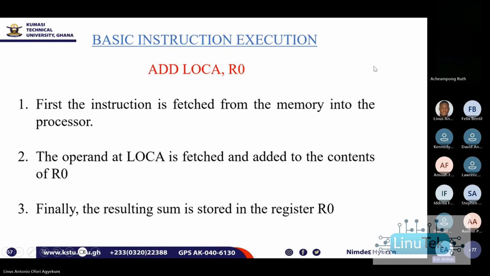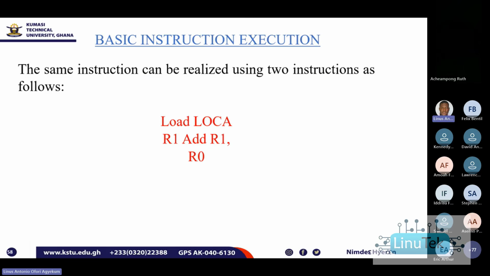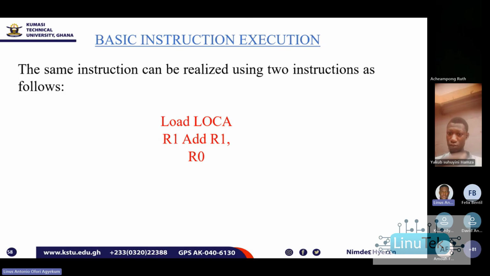So, the same instruction can be written in another way. Load the contents of location A into register 1. Add the contents of register 1 together and then display the contents in register 0.